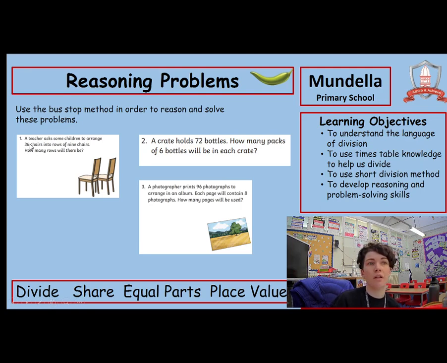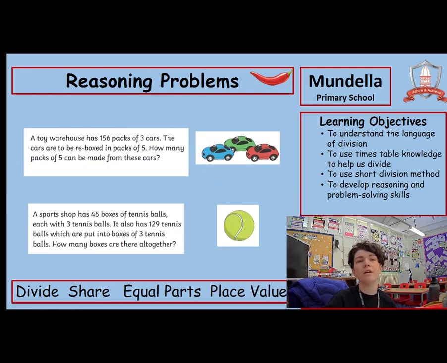In this first one, a teacher asked some children to arrange 36 chairs into rows of 9 chairs. How many rows will there be? You've got to answer not just with a number, but answering the question, so rows of chairs. It's got to be a nice full answer. So pause the video now and complete whichever chili pepper challenge you would like to.